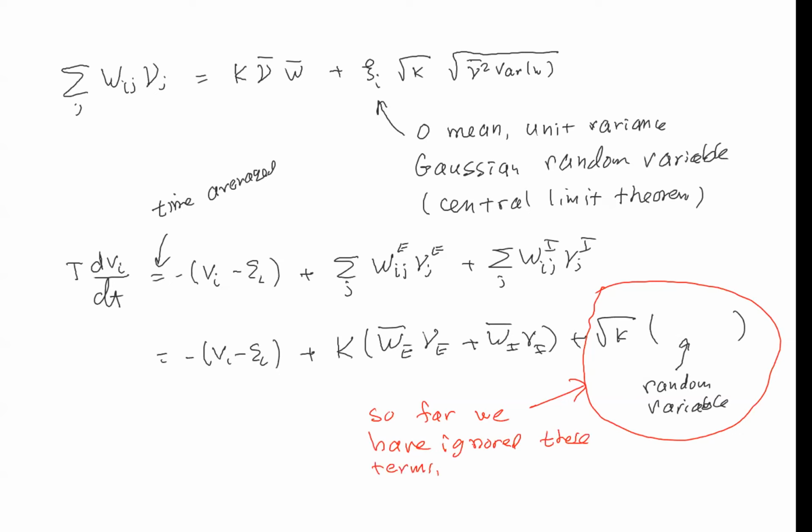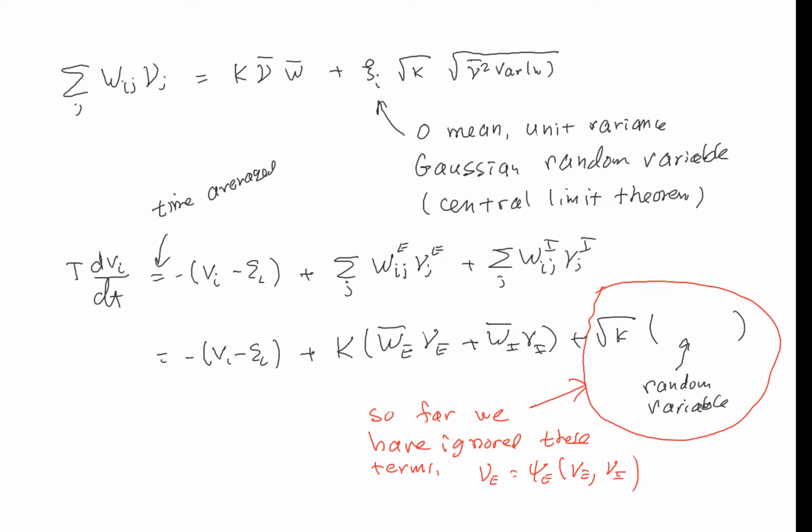And that allows us to write psi: nu E and nu I equals psi E of nu E and nu I. If we ignore these terms, the firing rate only depends on the average firing rate of these terms. And that sounds kind of reasonable.